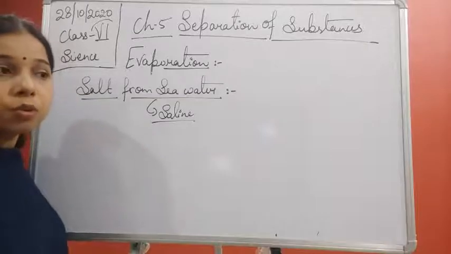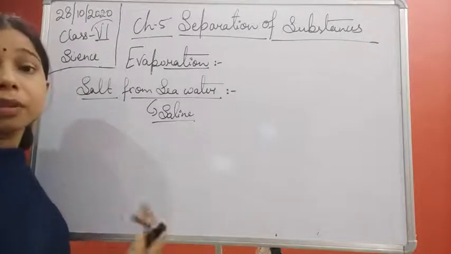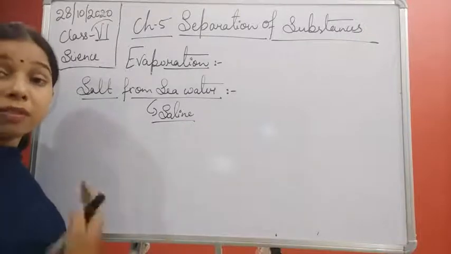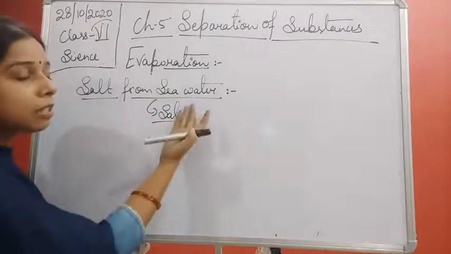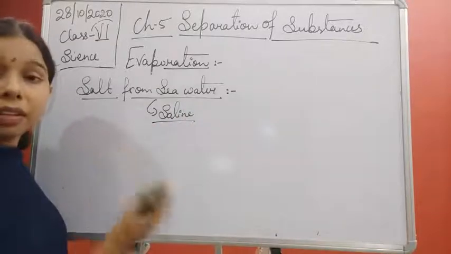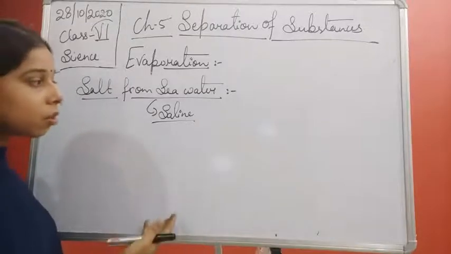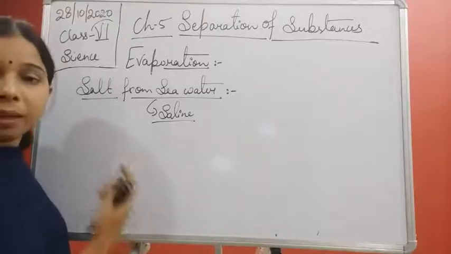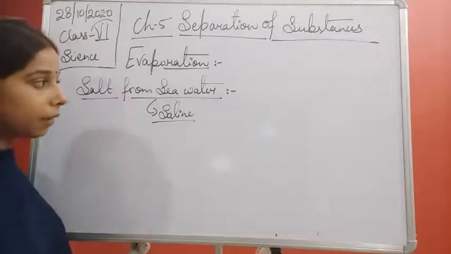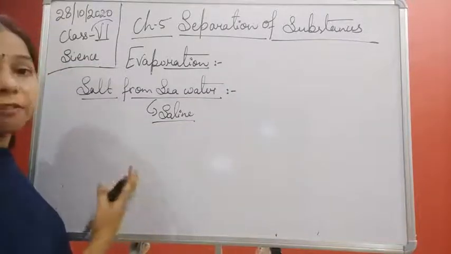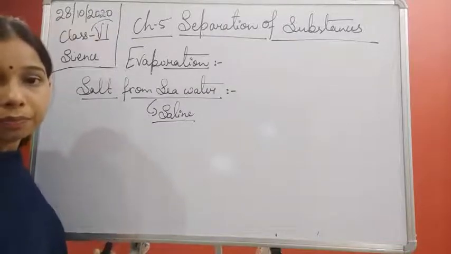That is why, student, out of the 75% of the earth covered with water, 99% of the water is present in the sea and the ocean, and even then we are not able to consume it. The reason is that it consists of salt, making it saline water. We also use a term for it, that is marine. It is not fit for us to consume such water.